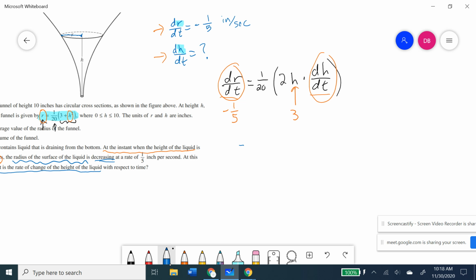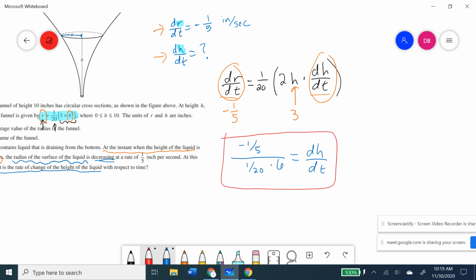In fact, you may even want to just go, hey, that divided by that, and then also divided by 2 times 3, 6, and that's dh/dt. You literally can leave your answer this way, unless it really bugs you. But just avoid arithmetic the best you can.